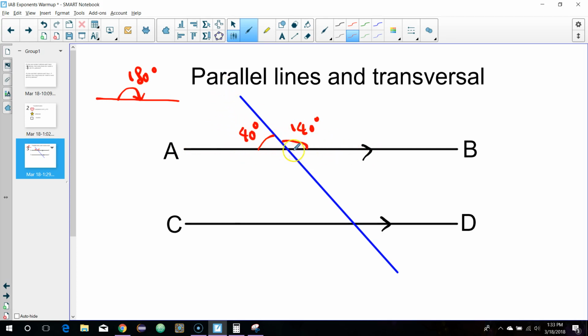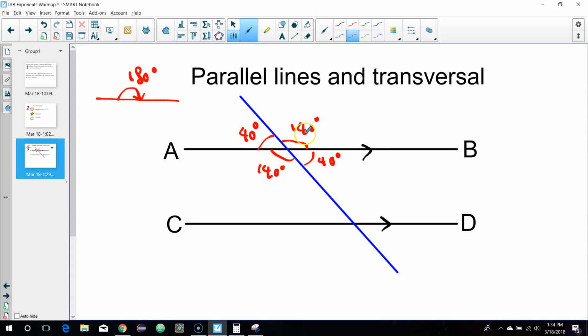Then if I know this is 140, hopefully you can figure out the rest. I'm talking about this blue straight line. If this is 40, then that has to be 40 degrees. And hopefully by now, you can see that if this is 40, that has to be 140.